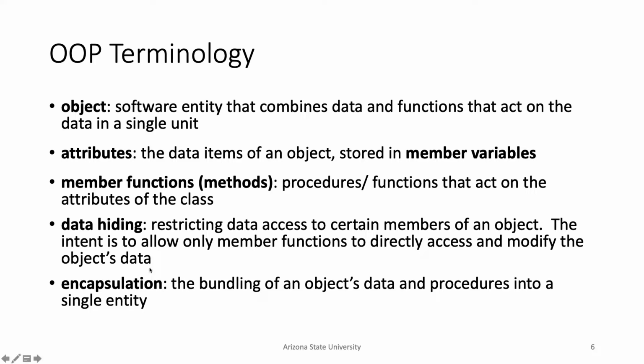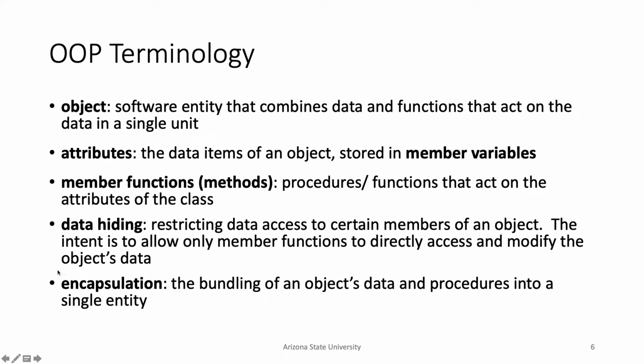So that's the idea of data hiding and encapsulation. I'll talk about encapsulation first. That's the idea of putting all these values into one place. Nothing really difficult to understand there. You're just encapsulating everything all into one place.